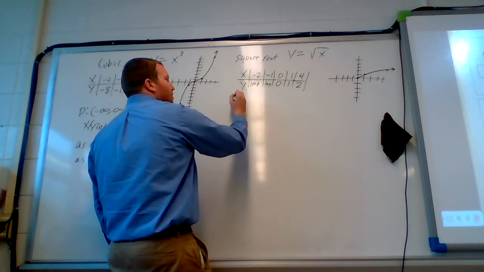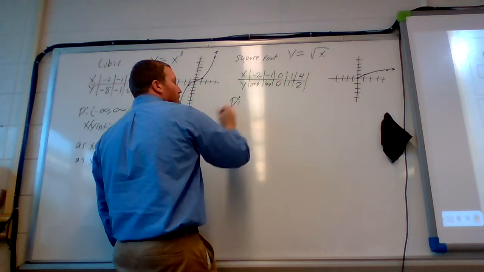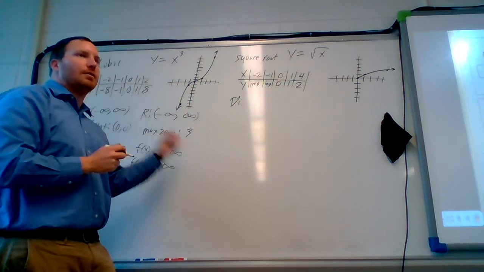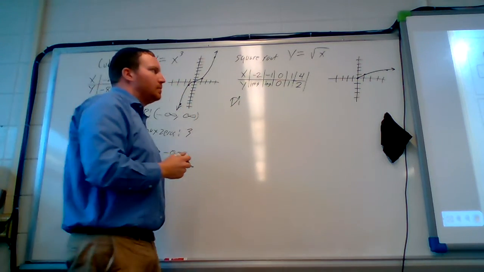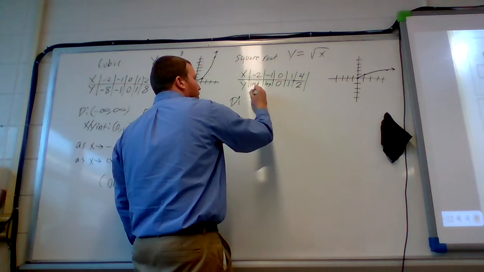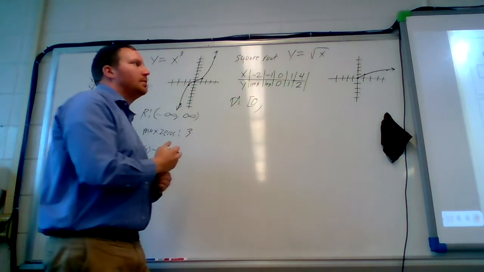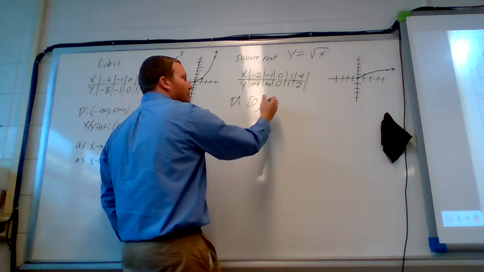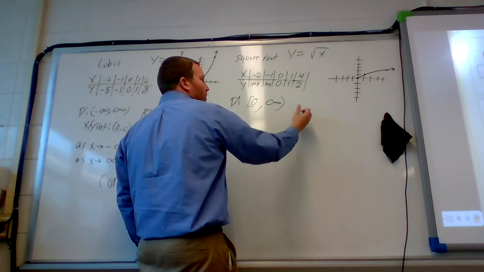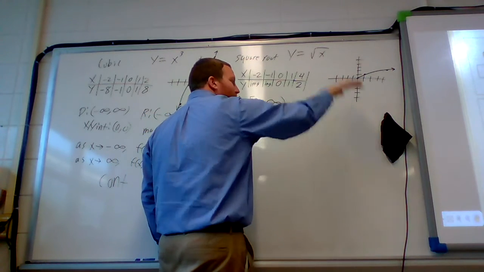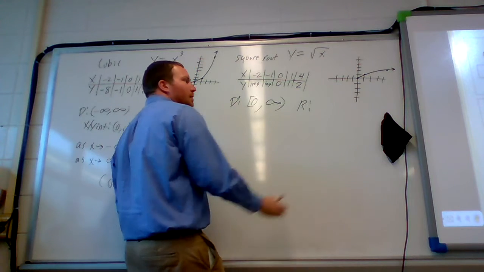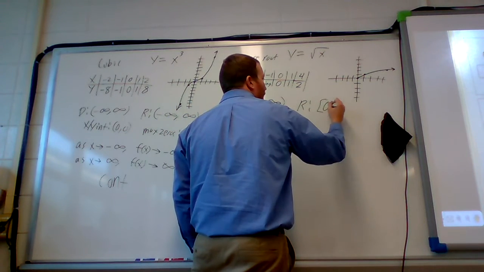But what is our domain going to be for this one? What's the farthest to the left that we go? 0. How far to the right do we go? Infinity. What about our range? What's the lowest value that we have? 0. How high are we going to go?